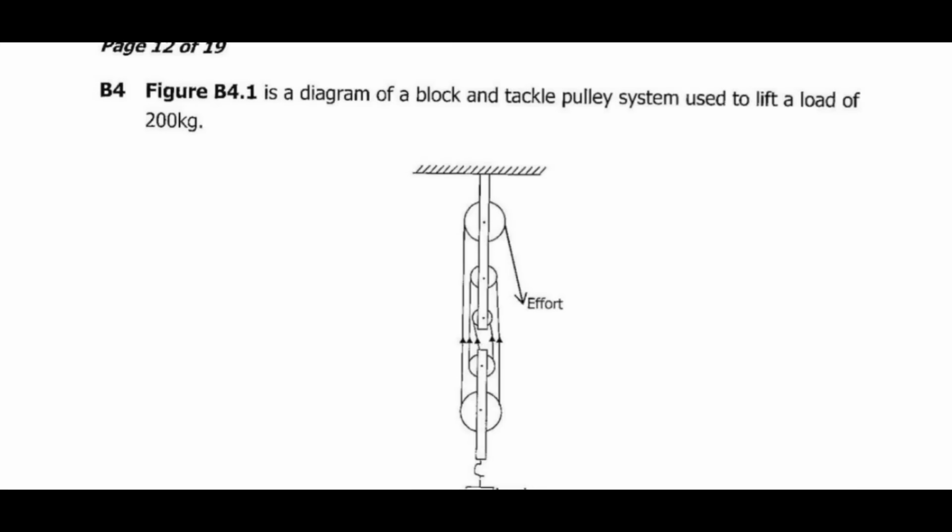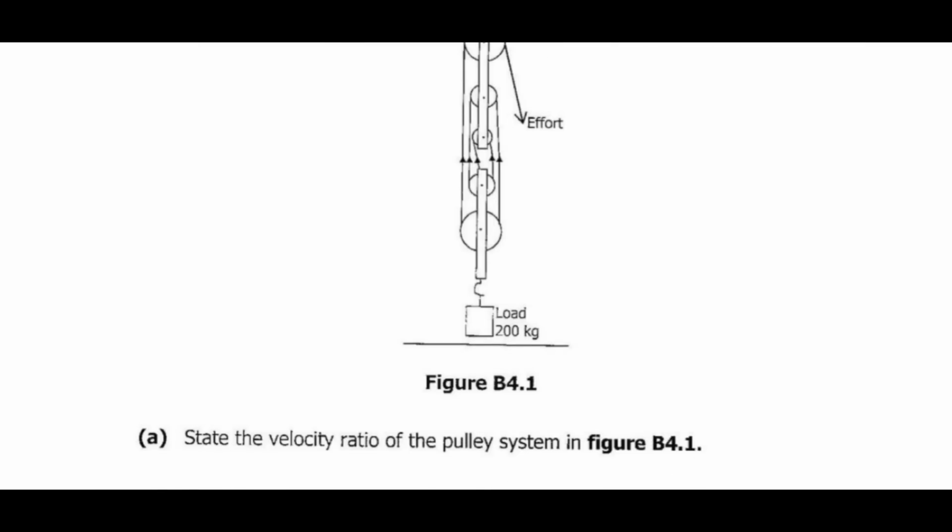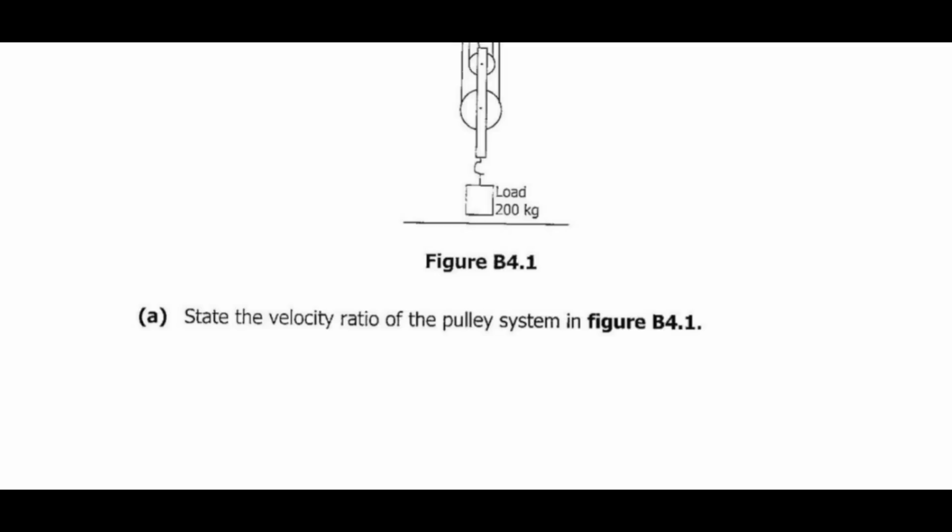Then we move on to question 4. For question 4, figure B4.1 is a diagram of a block and tackle pulley system used to lift a load of 200 kg. Let's look at this setup. State the velocity ratio of the pulley system.